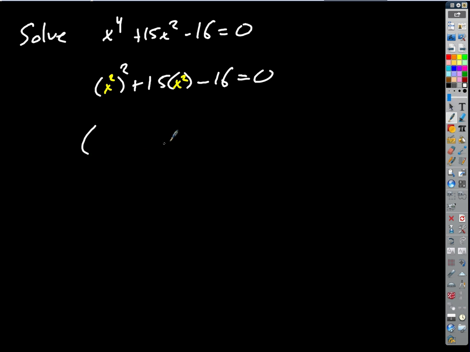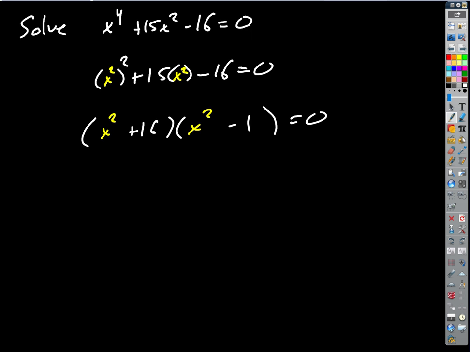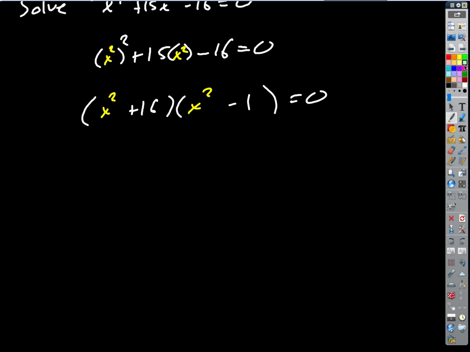The magic numbers this is going to break into are plus 16 and minus 1, only this time I'm getting x squareds there, right? Now the whole thing equals 0, okay? Do I need to factor it anymore? No. Now I can just apply the zero product property and set those factors equal to 0 and solve, right? I don't really need to do that extra step where I break this apart using a difference of squares. Isn't it just as easy, or maybe even easier, just to set those equal to 0 and solve, right?